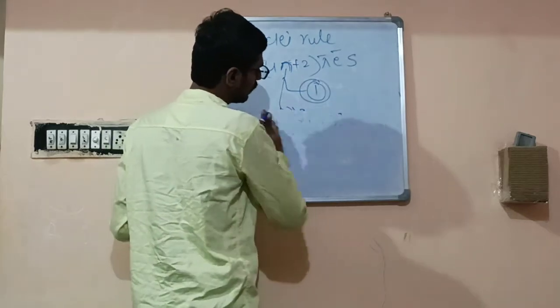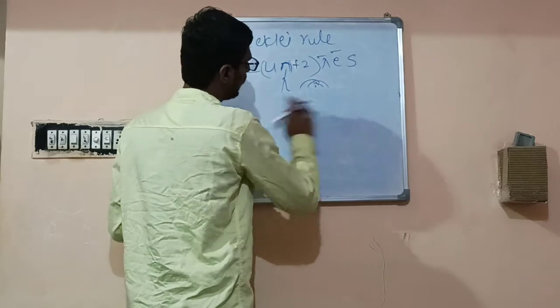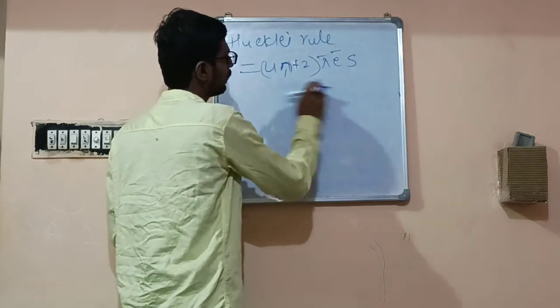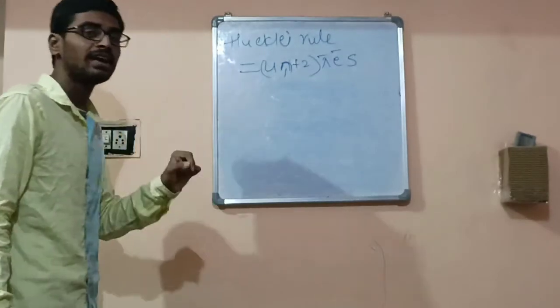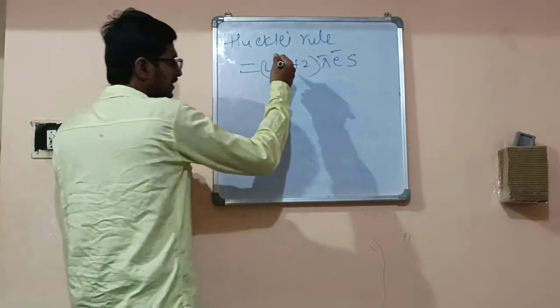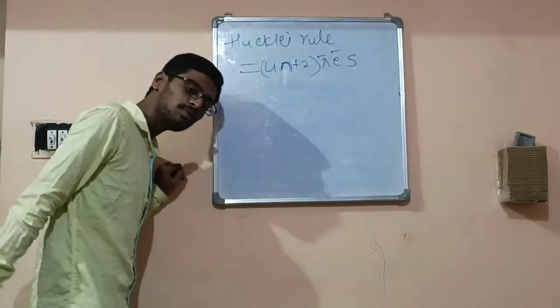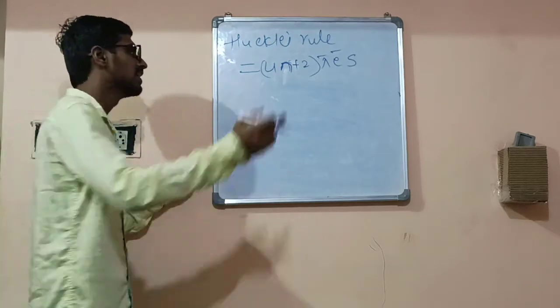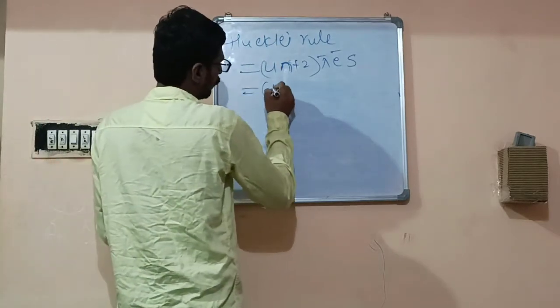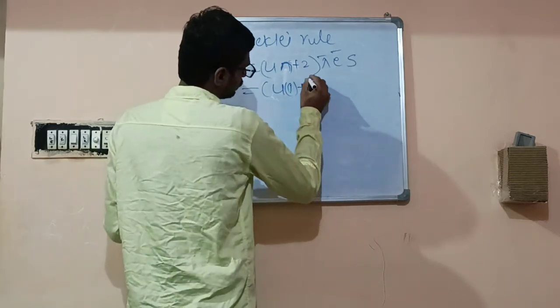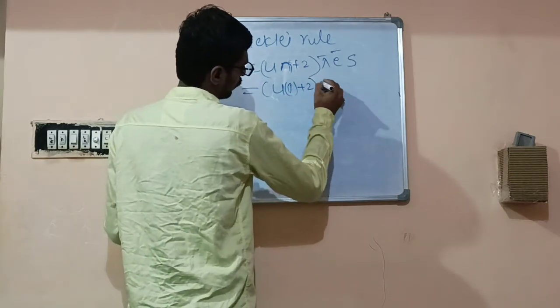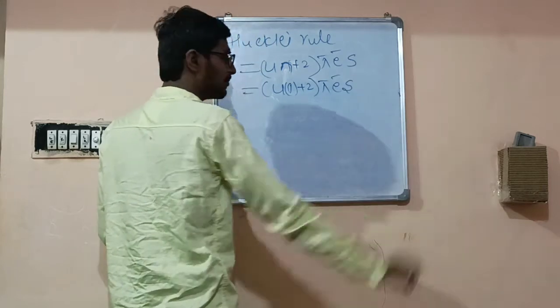Now, in the case of benzene, there is only one ring. In n we substitute 1, since there is only one ring, and then multiply by pi electrons.